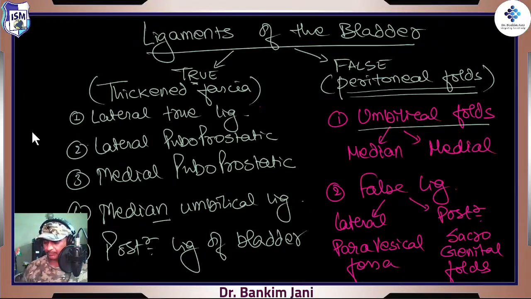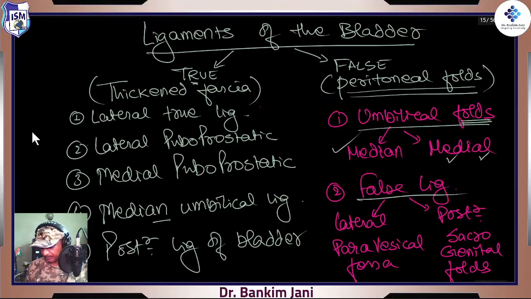That peritoneal fold is the median umbilical fold. So whenever we talk about a fold, that means there is something underneath, and on top of it peritoneum is reflecting. When those umbilical arteries are obliterated, right and left, we have the right medial and left medial umbilical folds. So underneath there was that umbilical artery.